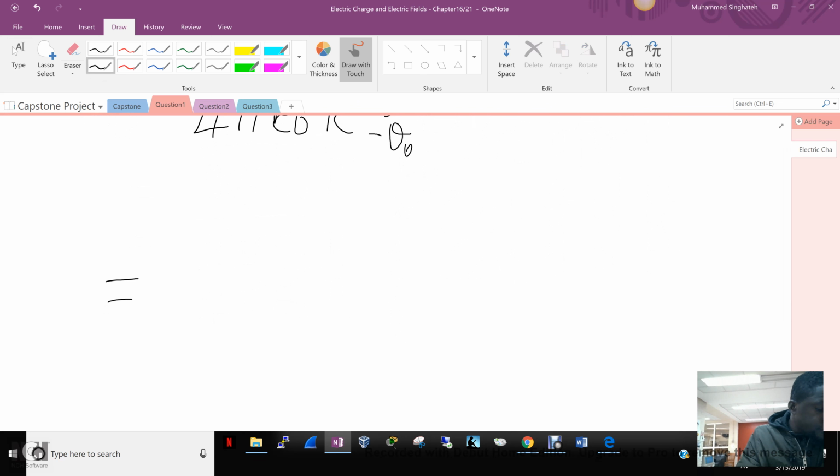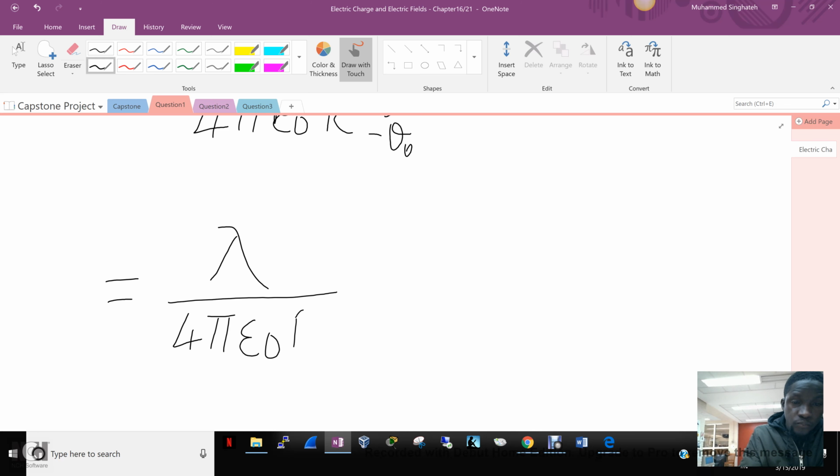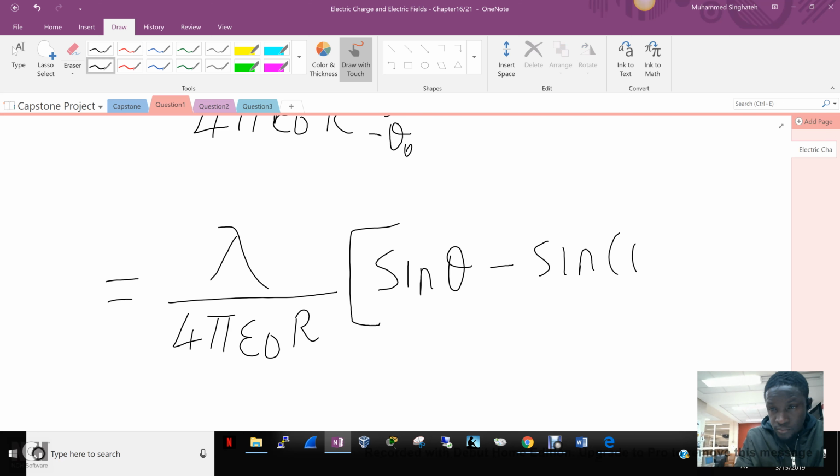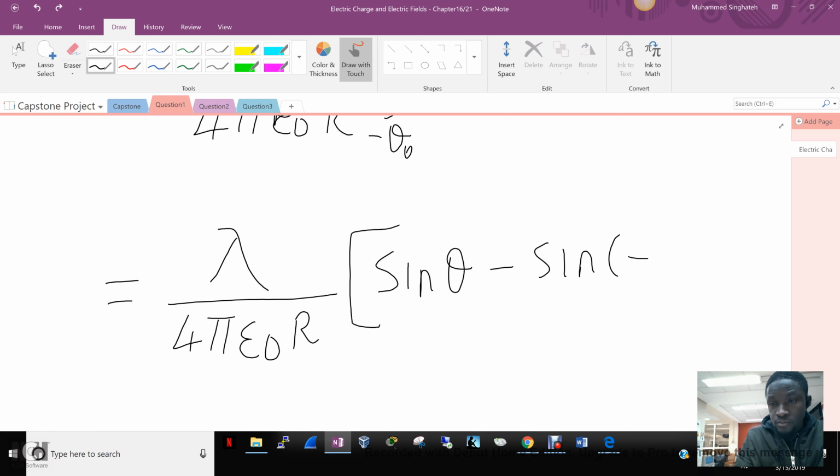That's the same thing as lambda all over 4, multiplied by sine of theta minus sine of negative theta.